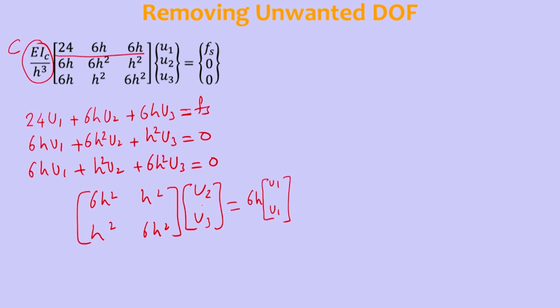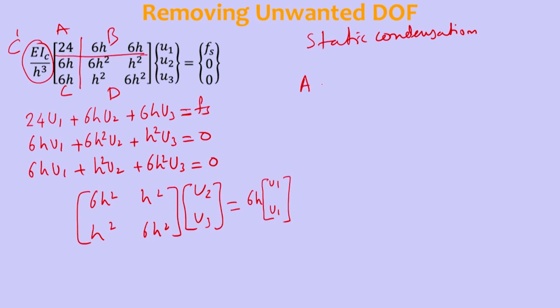There is another method which is called static condensation. In this static condensation, the entire matrix can be divided into 4 parts. We can say this as A, this as B, this as C, and this as D. So this matrix can be formulated like this, C is anyway there, we can write this as C prime.